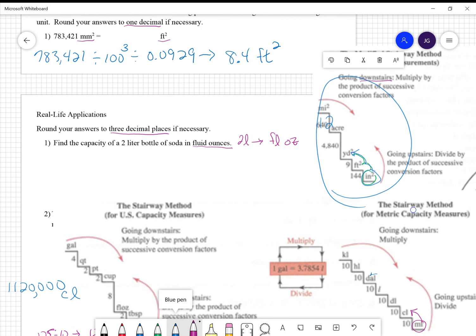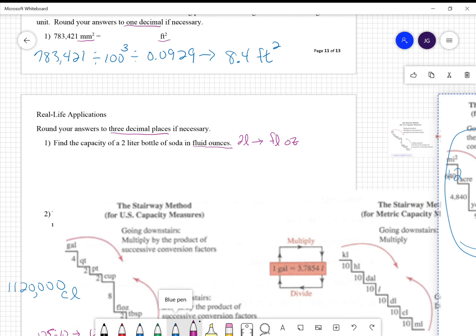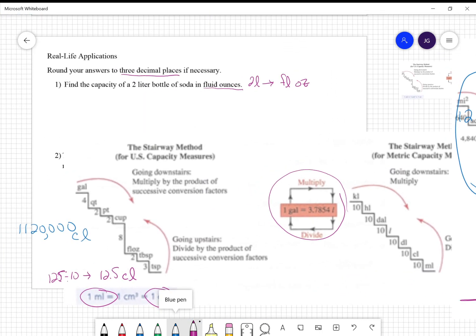Let's get this one out of the way. Okay, so I'm going from metric to English, so I'm going to have to go through this, which means I have to start at liters and go to gallons. Well, that's good because I'm at liters. So I'm going to go liter to gallon. I'm going in that direction, so I'm going to divide. So this is going to be 2 divided by 3.78, which gets me to gallons. And I'm going to go to gallons to fluid ounces.